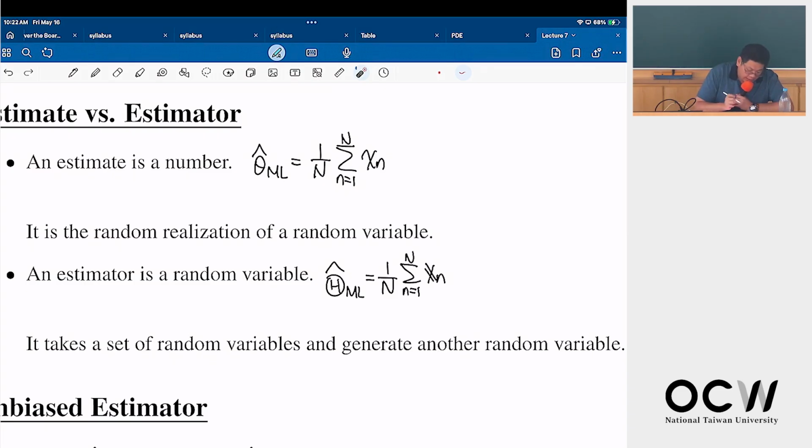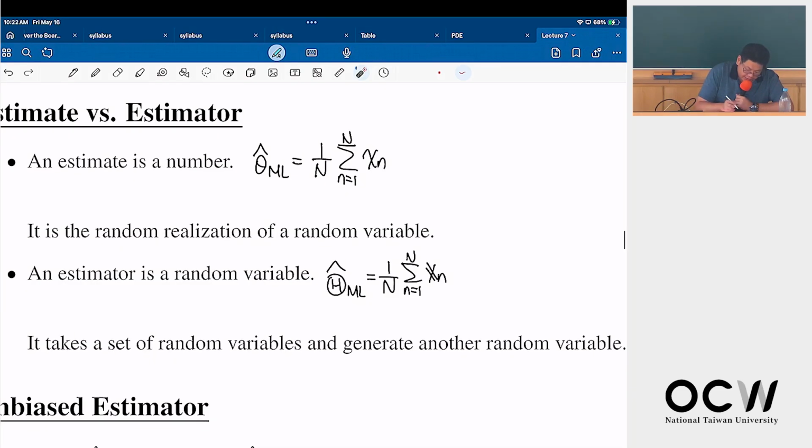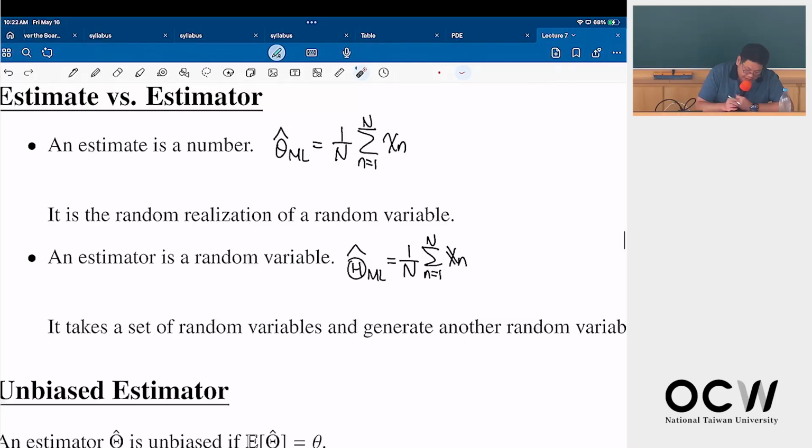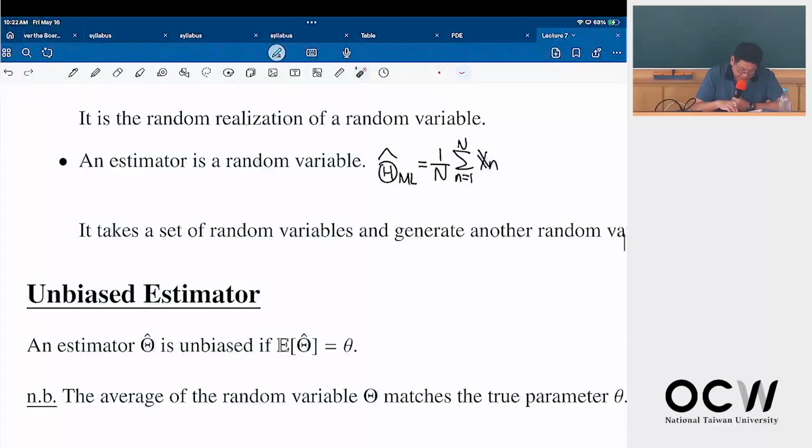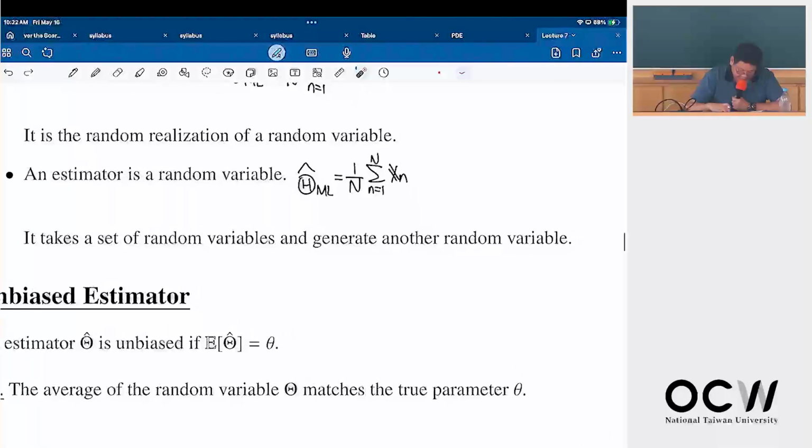Then you probably have heard that for estimators, there are biased estimators and unbiased estimators. So first, let's see what an unbiased estimator is. We say the estimator theta hat is unbiased if the expectation or the mean of this estimator is your estimate, or the true parameter.